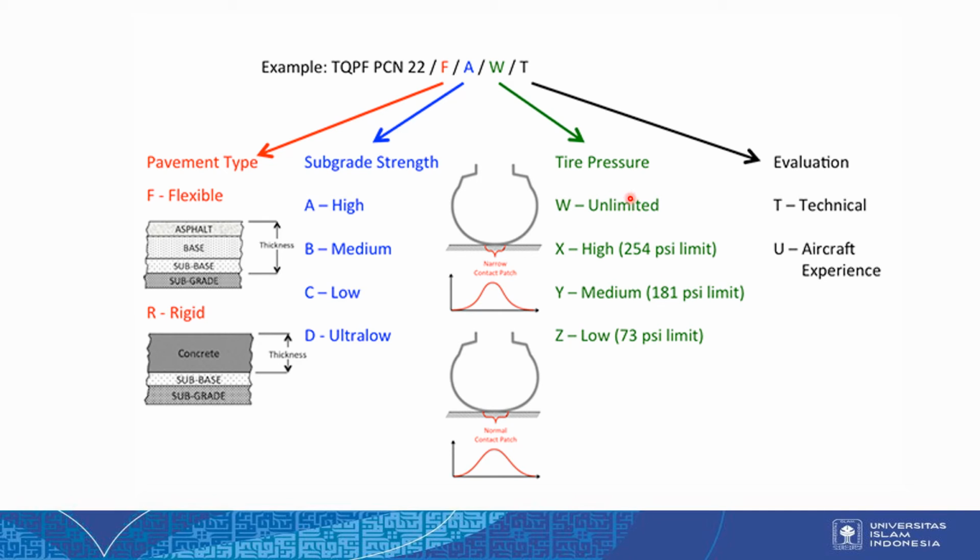And for the pavement evaluation, the last slash has 2 options, T or U, but in this example, the pavement evaluation is by technical evaluation. So this is how we read the PCN code at an airport.